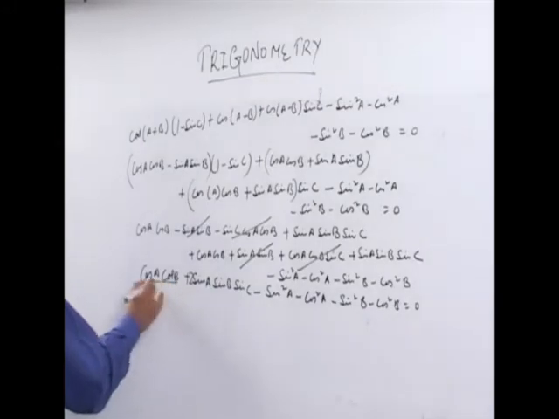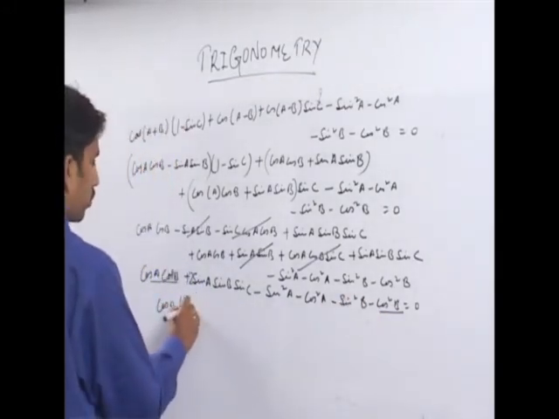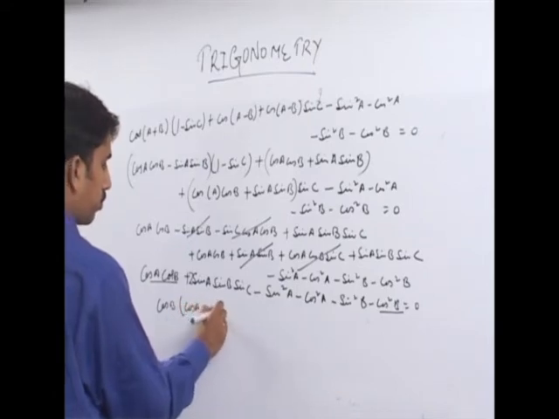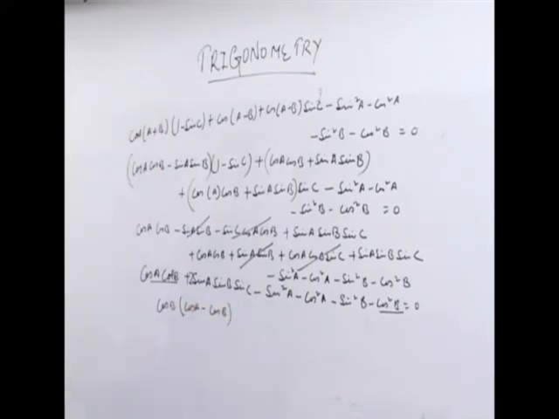Now if you take this expression, take cos B common, you will get cos B (cos A minus cos B).